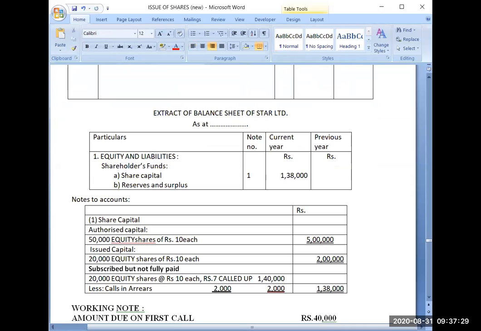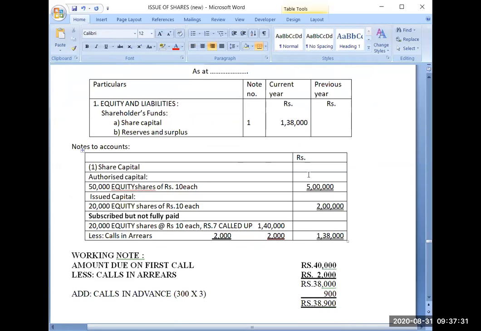1,38,000. And presentation of only share capital is in your syllabus. Neither premium nor bank account, any other thing is not in your syllabus. That you can do for your understanding, but it is not in your syllabus. So now I hope accounting for calls in arrears and calls in advance is clear, as well as the presentation of both.